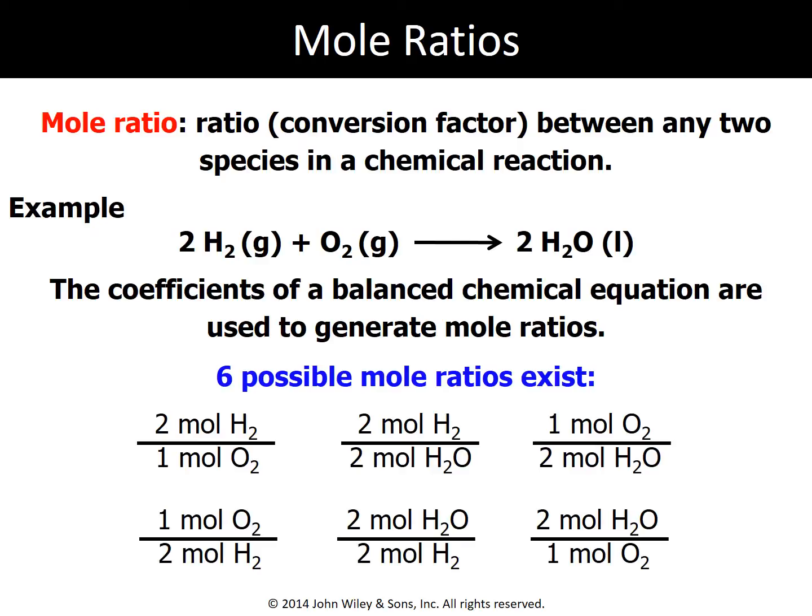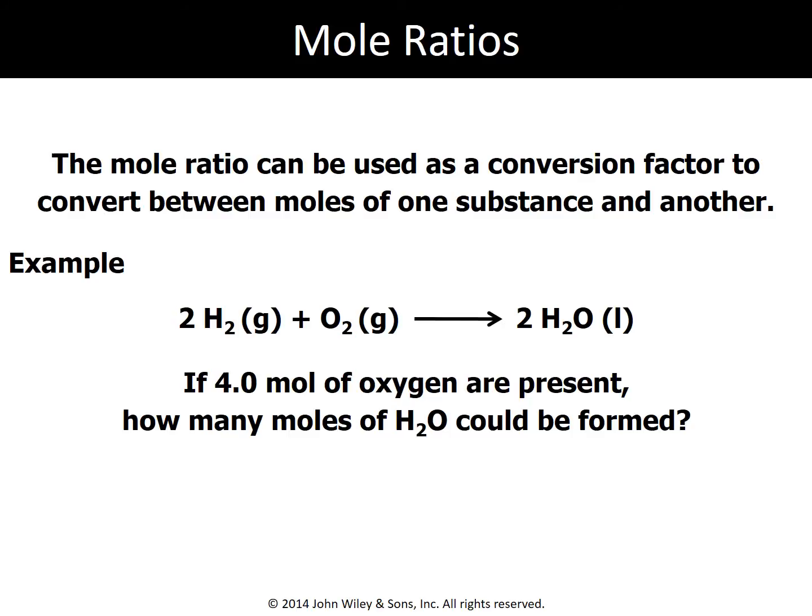We have hydrogen to oxygen, hydrogen to water, and we can use the reciprocal of all of those. Using these ratios, we can now figure out if we start with X amount of hydrogen or X amount of oxygen, how much water we are going to get. So we can use these molar ratios to do questions like the following.